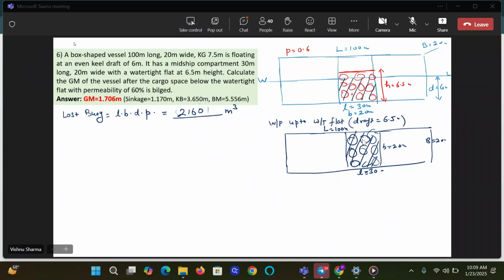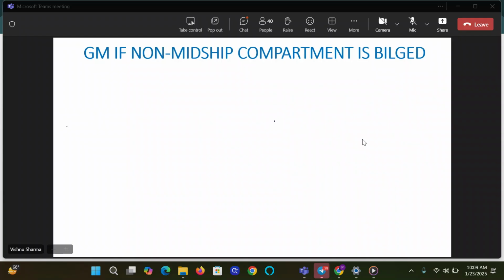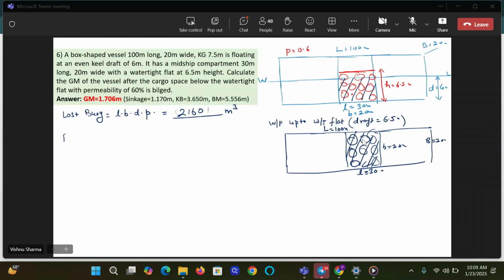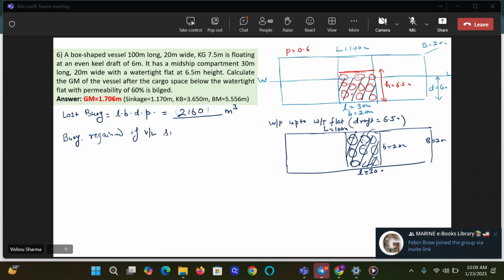Yes, sir. So now what we'll do is carry out a check on the buoyancy regained if vessel sinks up to watertight flat.